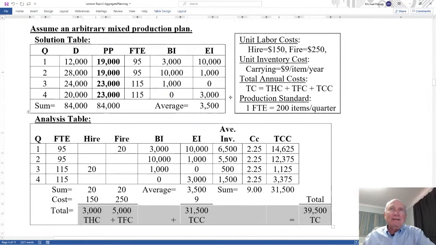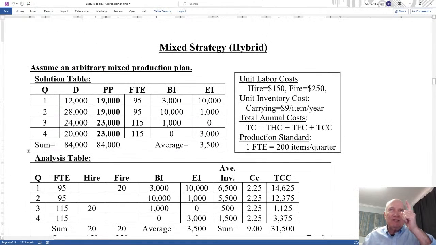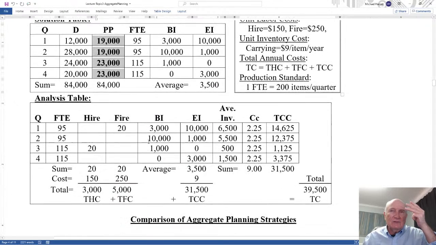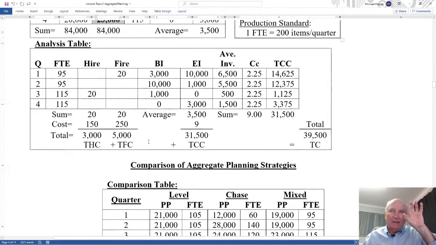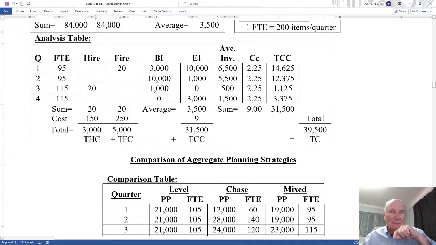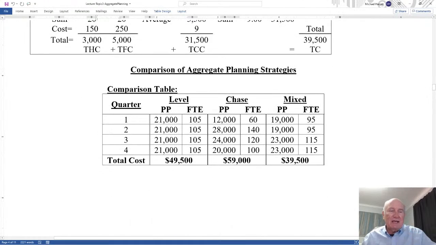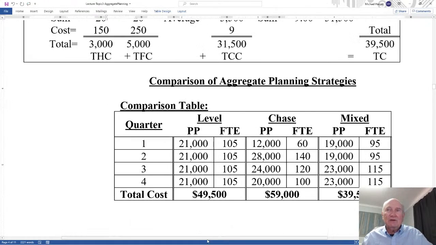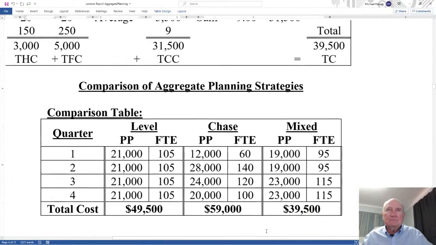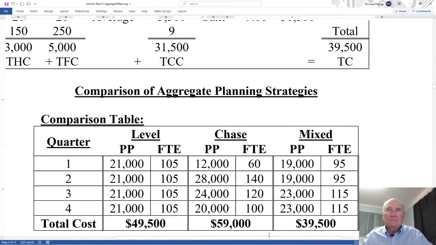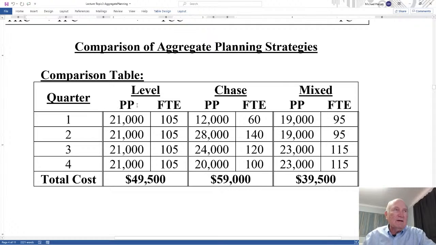Okay. But now that I have an arbitrary mixed strategy, along with level and chase, now I can start doing something called comparing and planning. This is aggregate planning. So a comparison table down here, let me make this larger. A comparison table, I'll bring the level down, I'll bring the chase, I'll bring the mix, and I'll compare them.